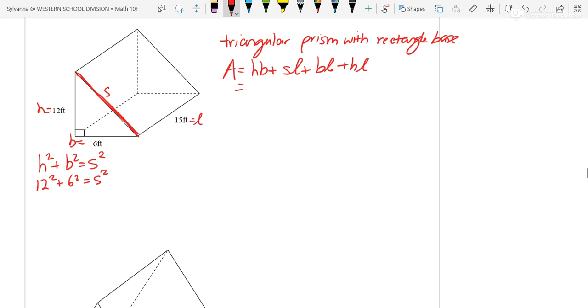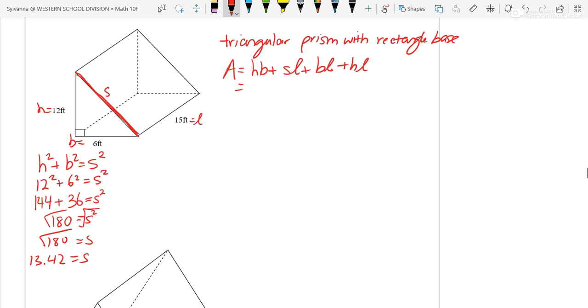So 12 squared is 144. 6 squared is 36, and when I add those two together, that's 180. But I want to find just s, so I need to square root both sides, which gives me the square root of 180, which is 13.42 if you put it into your calculator.